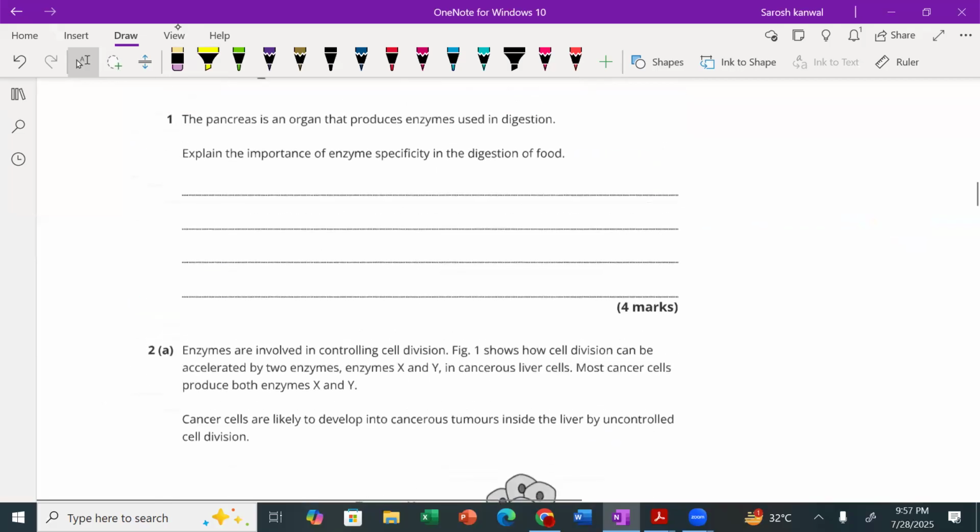Okay, then we have another question. This question is for Mepsam. The pancreas is an organ that produces enzymes used in digestion.